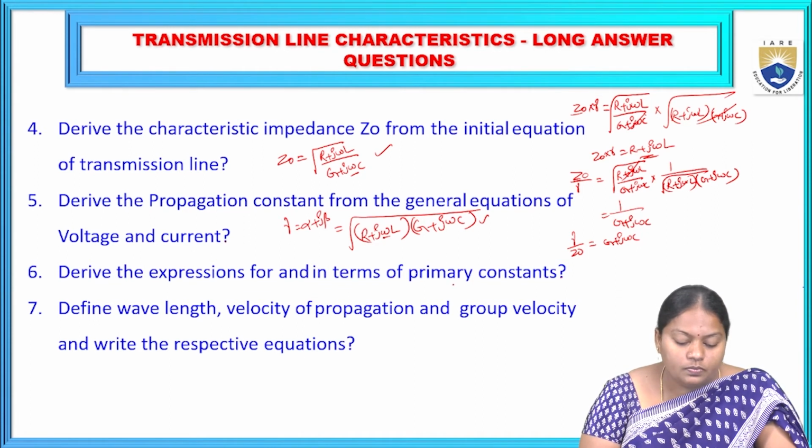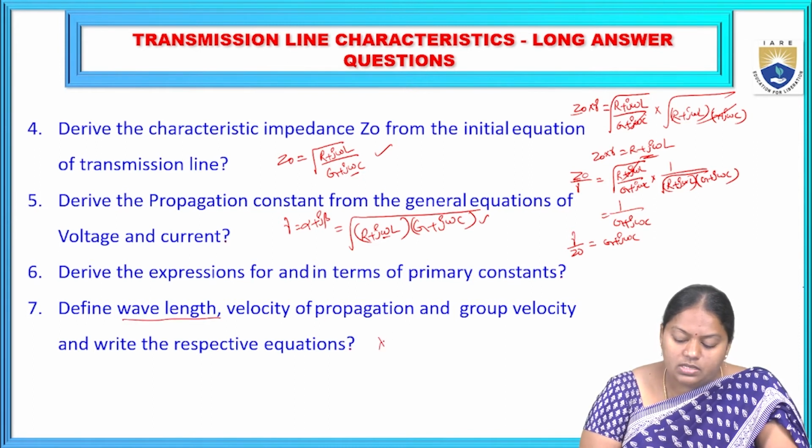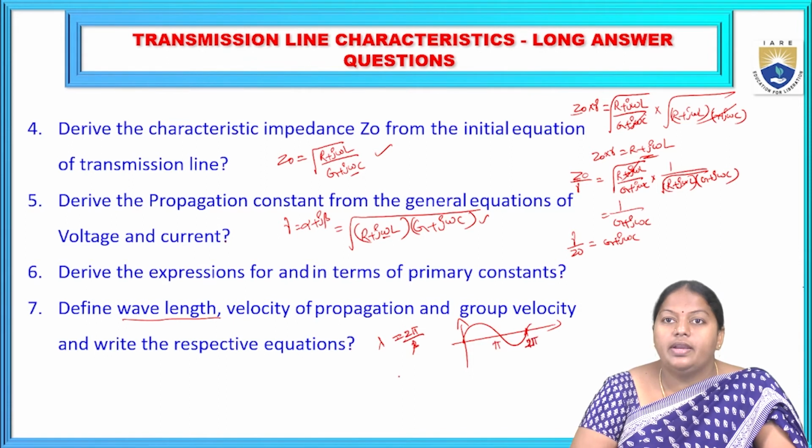Now define wavelength, velocity of propagation and group velocity and write the respective equations. Wavelength is represented with lambda. Lambda equal to 2 pi by beta. Suppose you consider one wave as a characteristic wave moving in this direction, the phase is going to change after every 2 pi radians.